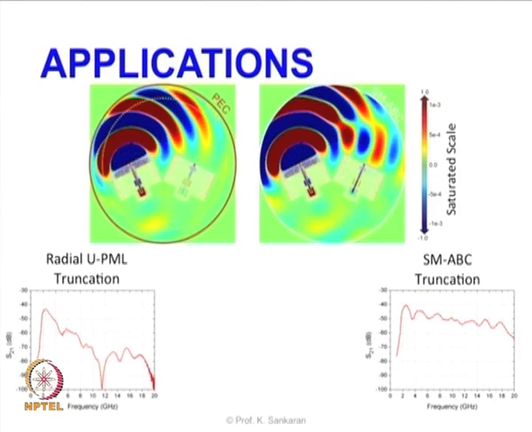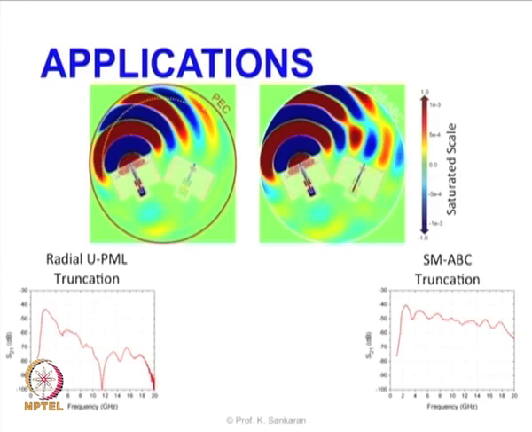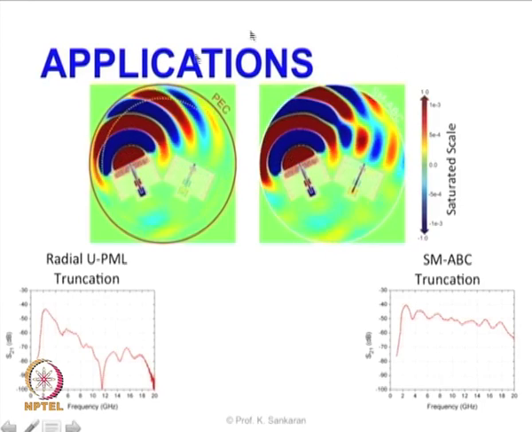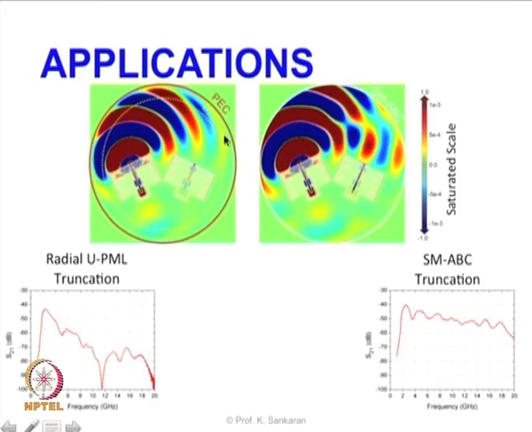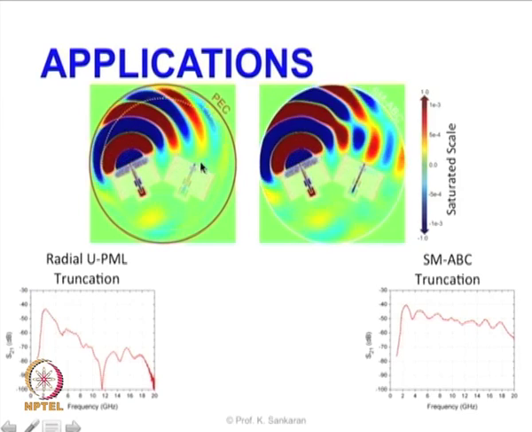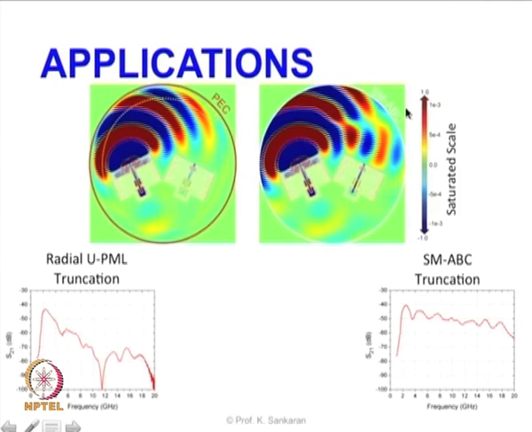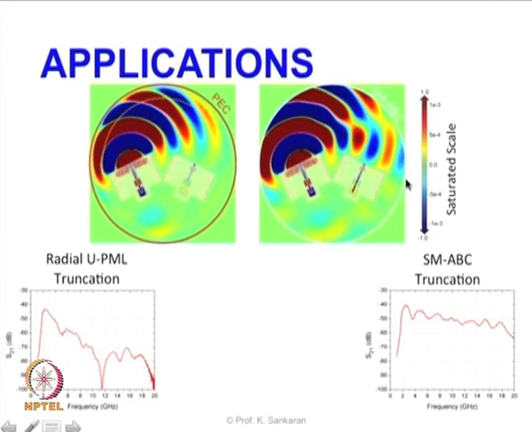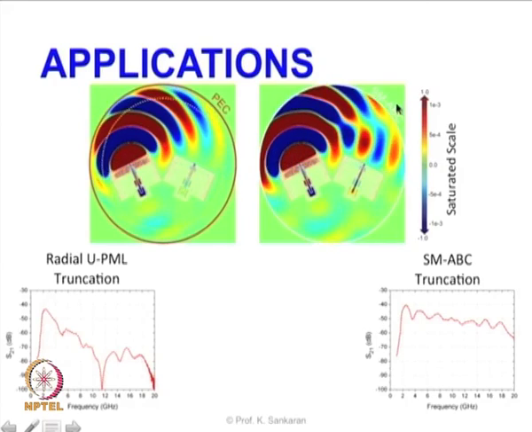So what we are doing now is computing the value of the PML. On the left hand side what you see is the domain truncated using a uniaxial spherical PML. As you can see, the wave reflection here is different to what is happening in the case of the Silver-Müller boundary condition. In the Silver-Müller case we do not have any PML, and the waves are getting reflected.